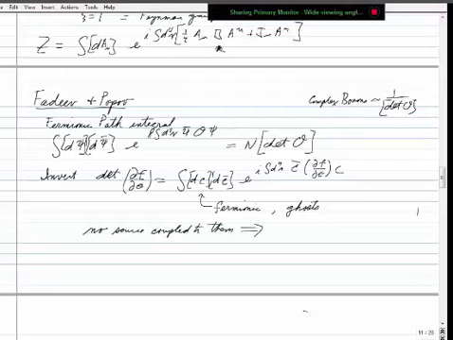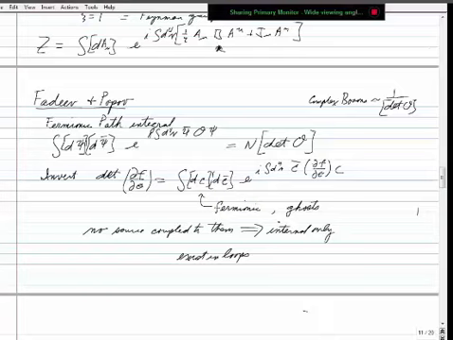Okay, so we're going to invert this. We have to take the determinant of dF d theta, and we're going to write that as the integral over some variables.